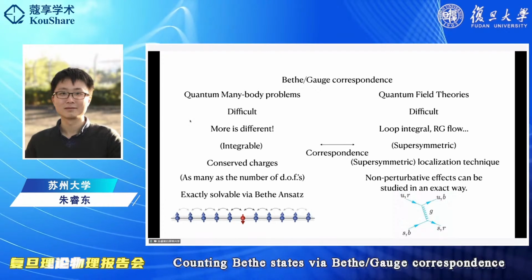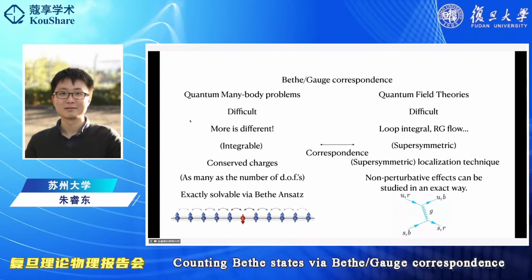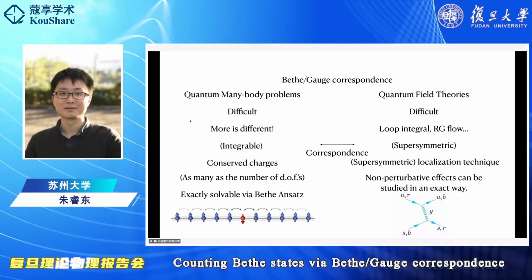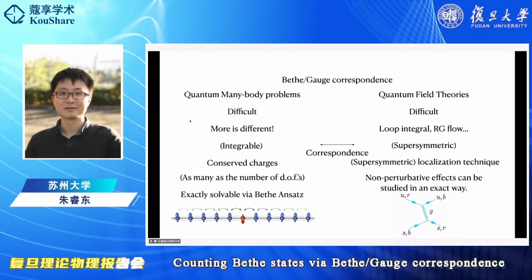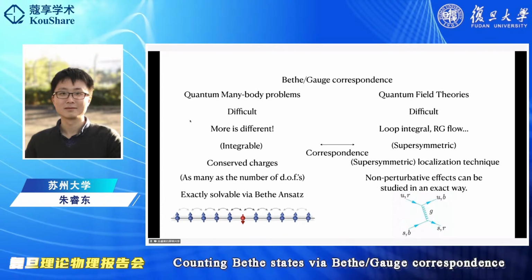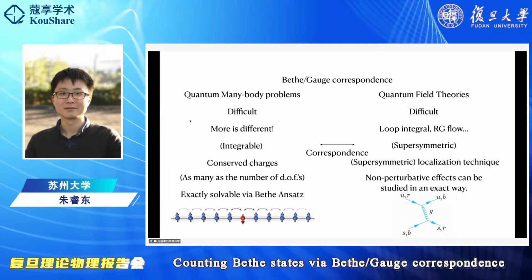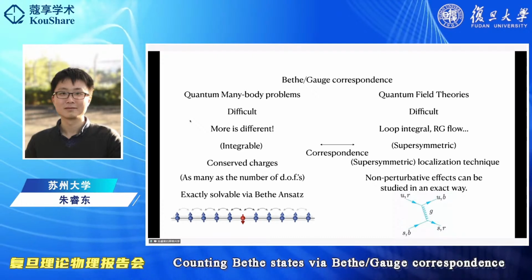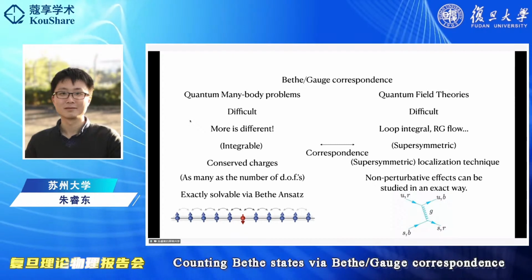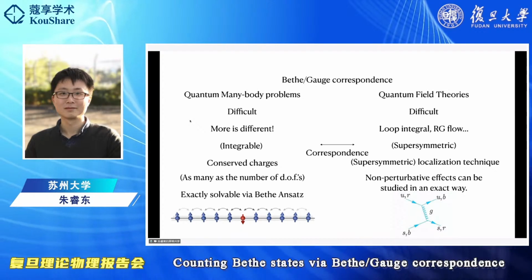For example, for quantum many-body problems, there's a class of theories known as integrable models that have as many conserved charges as the number of degrees of freedom in the system. This allows us to solve, for example, the spectrum of the model exactly via a technique called Bethe ansatz.